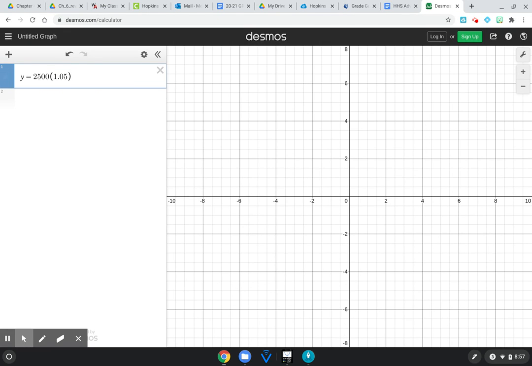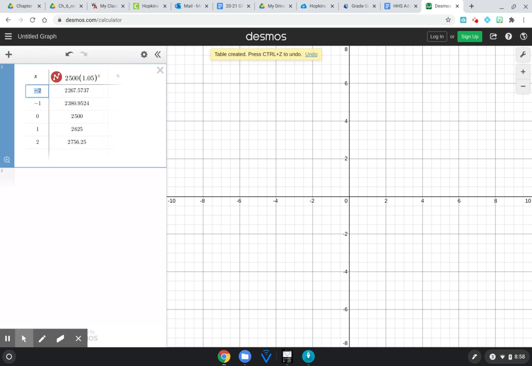Caret is shift 6 and then X. Now did you guys see what I did there? You're going to click on the gear and the table. And this is going to show us I just typed a 3 and I scroll down and type a 3. How much money she will have after each year.